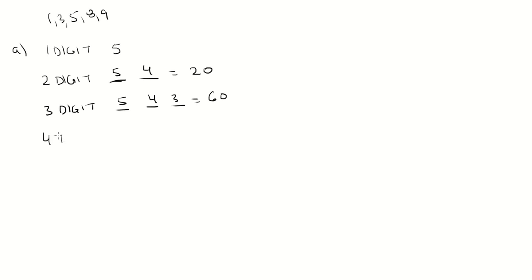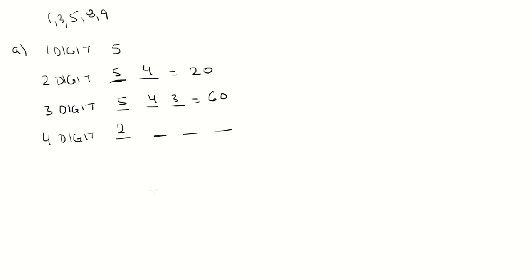Now for the 4-digit number, this one is tricky because we want it to be less than 4,000. So the only choice we have for the first digit is either going to be a 1 or a 3. So there will be 2 choices for that.